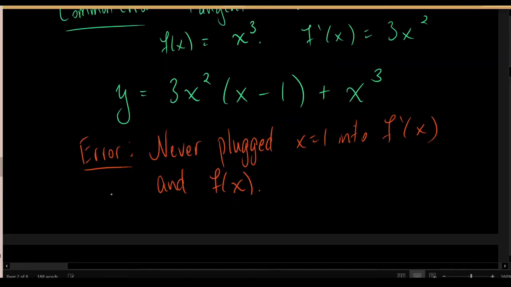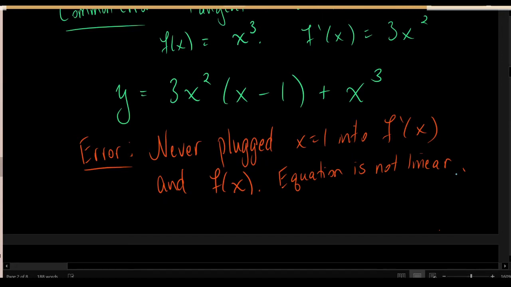As a result, they obtained an equation which is not linear. This equation could not be rewritten in the form m times x plus b, because it is going to have higher powers of x in it. It's going to have an x cubed, and that makes it not linear.